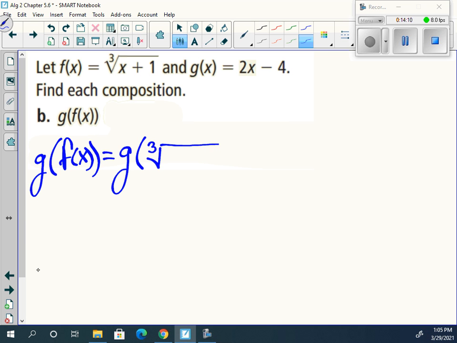Well, the cubed root of x plus 1. Because really, plugging x into f of x doesn't change the function f of x.